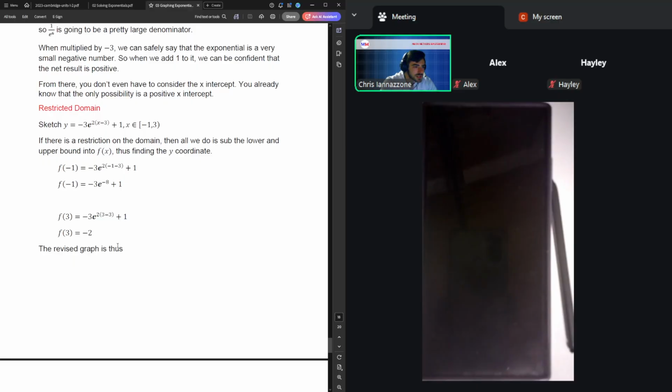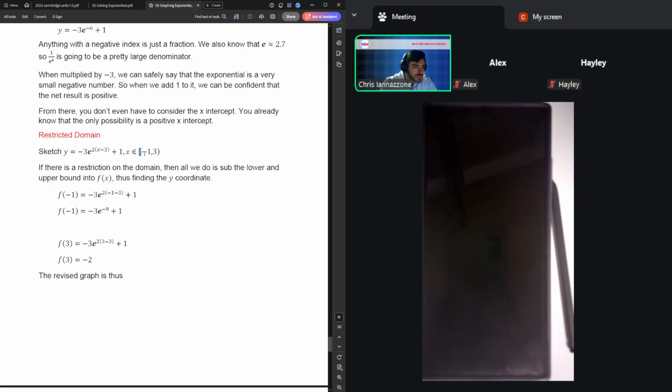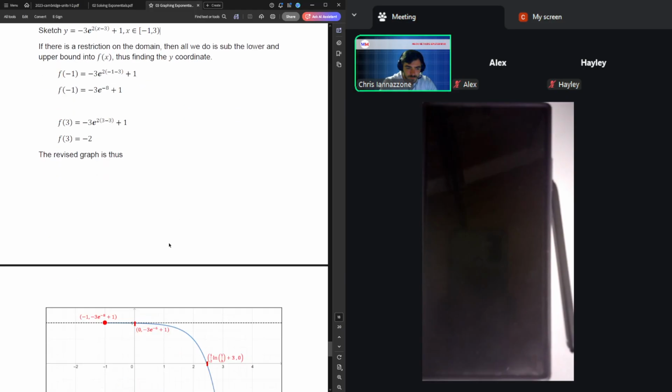So when we're getting our endpoints, we're just subbing in the ends. Alright, so x equals -1, simplify, x equals 3, simplify, and then just label them accordingly. Again, dark circles for inclusive, and open circles, or white circles rather, for exclusive. Inclusive, exclusive.